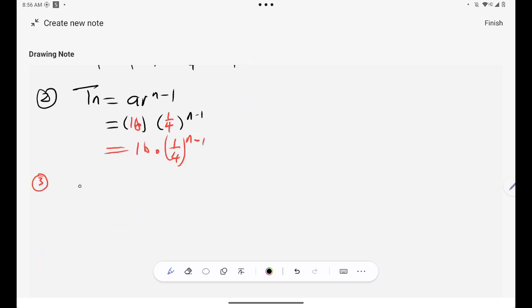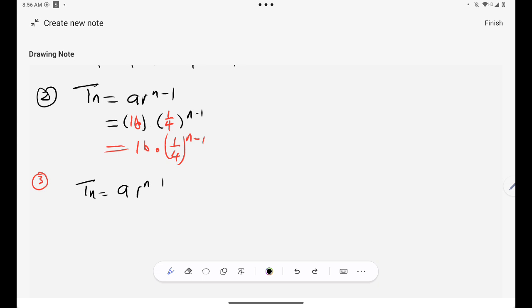I'm simply going to say Tn is A R to the n minus 1. Okay, I want to know in which position the term 1 over 64 is. I already know that 1 over 64 is term number 6. My A is 16.